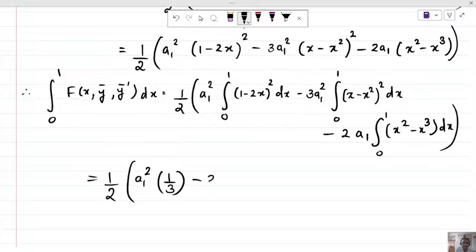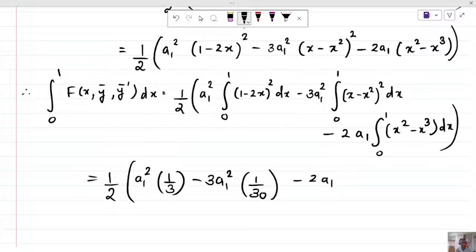So minus of 3a1 square. Now the next part, when I do the integration, here it is x and here it is x square. So this integration will be 1 upon 30. 2a1 will remain outside.